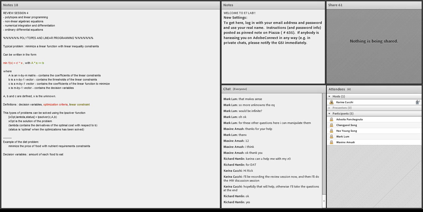And then the requirement for this problem was that you wanted the sum of the nutrition values times food amounts to be bigger than the thresholds, so to be sure that you have the correct amount of nutrients each day. And another requirement is that you want to buy positive amounts of food, of course. And the optimization criteria here is that you want to minimize the sum of costs times the food amounts.